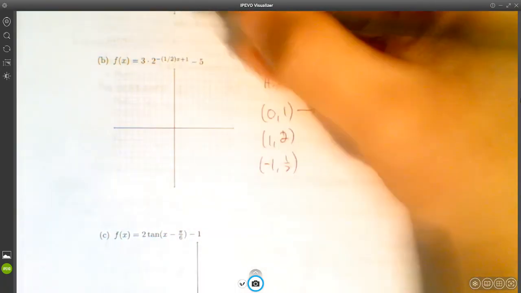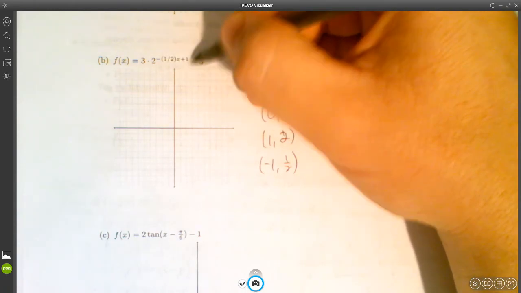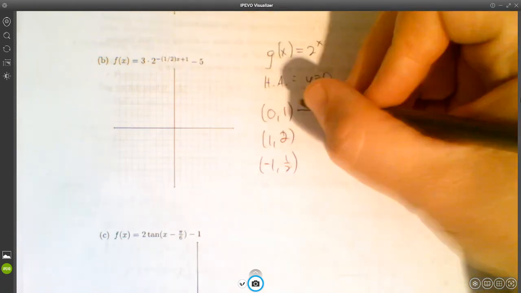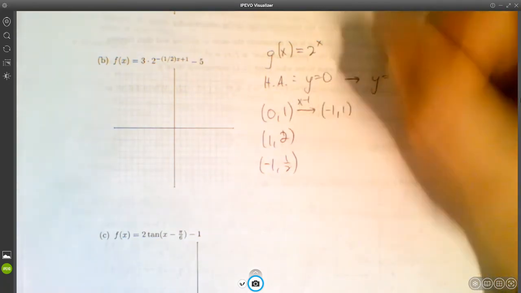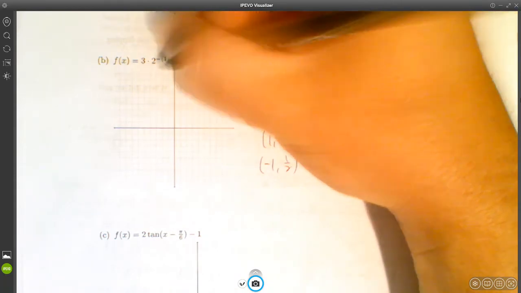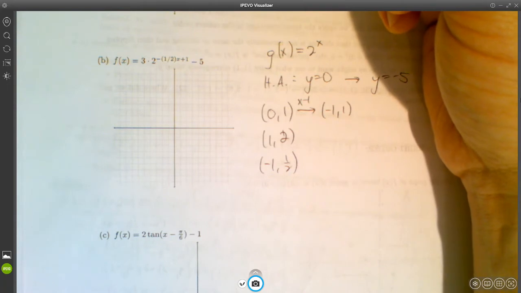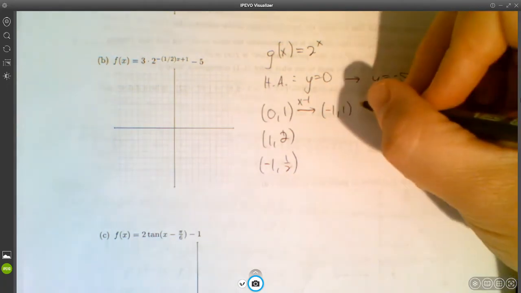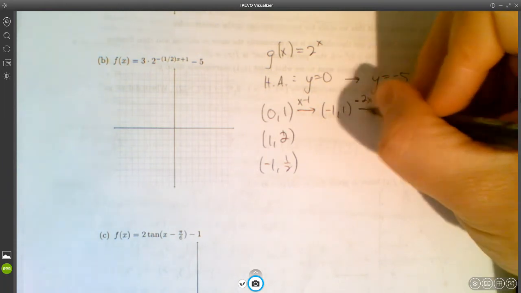So first of all, I'm going to subtract 1 from my x coordinates. Then I'm going to divide by a negative 1/2. Dividing by negative 1/2 is the same as multiplying by negative 2.